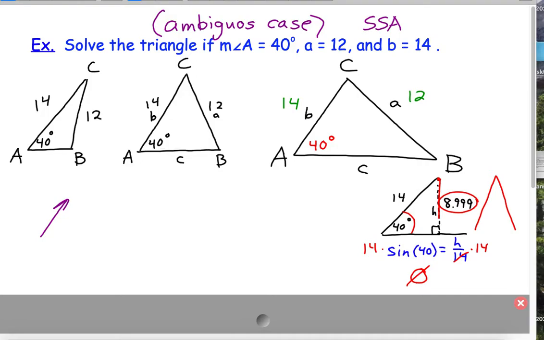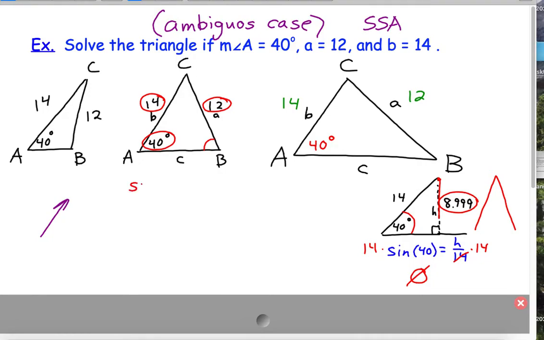All right, so now if you go through the possibilities, what do you want to use? Well, you're going to have to use this angle, which means you're going to have to use this side. We don't have another angle to use, so we can't use this side and try and get this angle. That would be two unknowns in my proportion, and I won't be able to solve it. So I'm going to have to use this other side, and that would leave this angle for me to figure out.